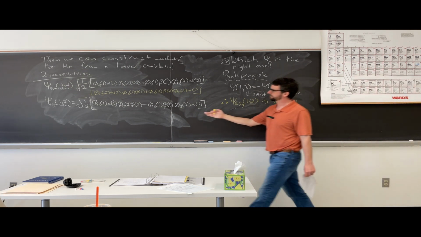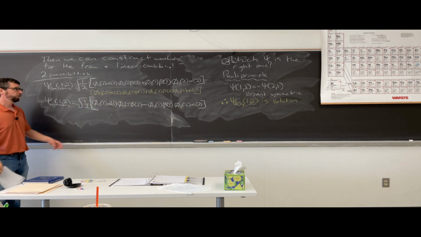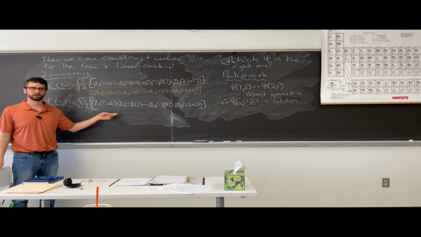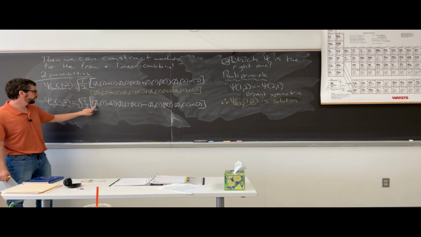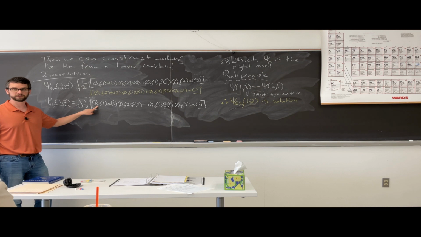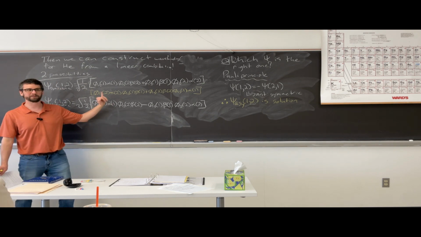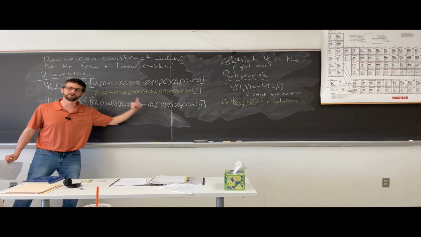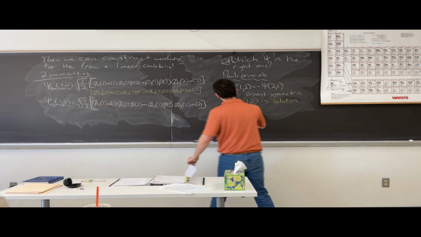Okay. Is this really all that bad to write out? What happens if we introduce one more electron? It's going to be bad to write out because not only do we have to worry about the 1s, but what else will we have to go up to? 2s, and then the 2s could have electron number 1 or electron number 2 or electron number 3 in it, and it becomes just a giant mess.